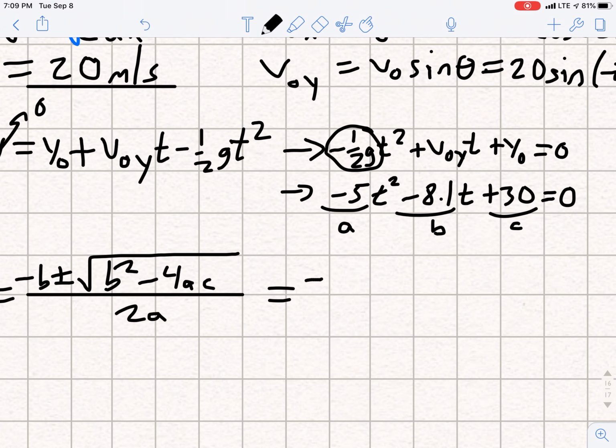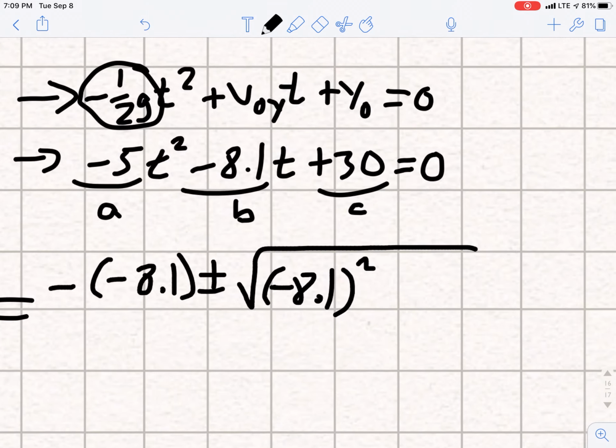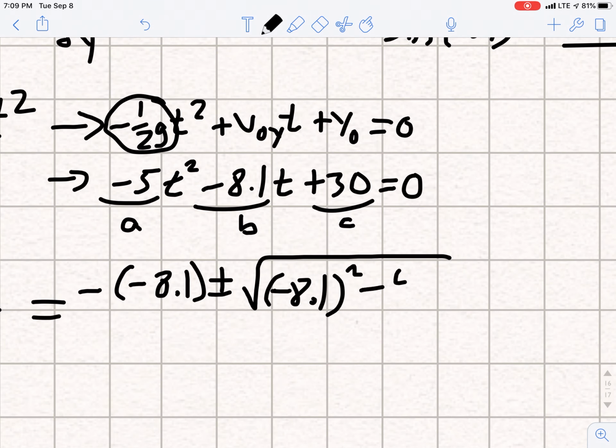We have negative times negative 8.1 plus or minus the square root of negative 8.1 squared minus 4 times A, which is negative 5, times C, which is 30.